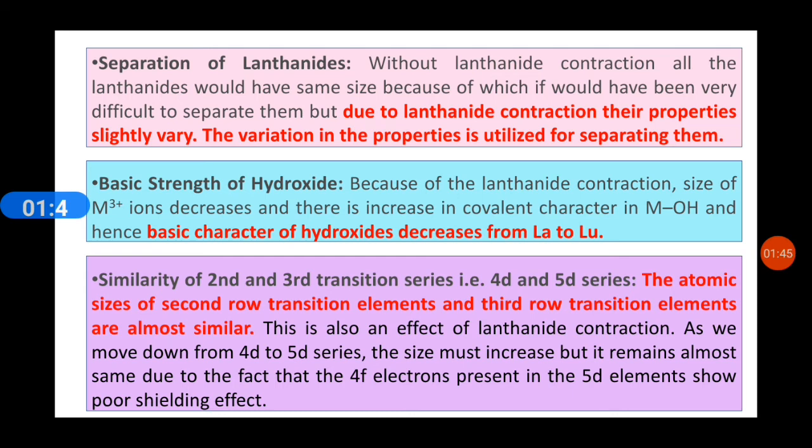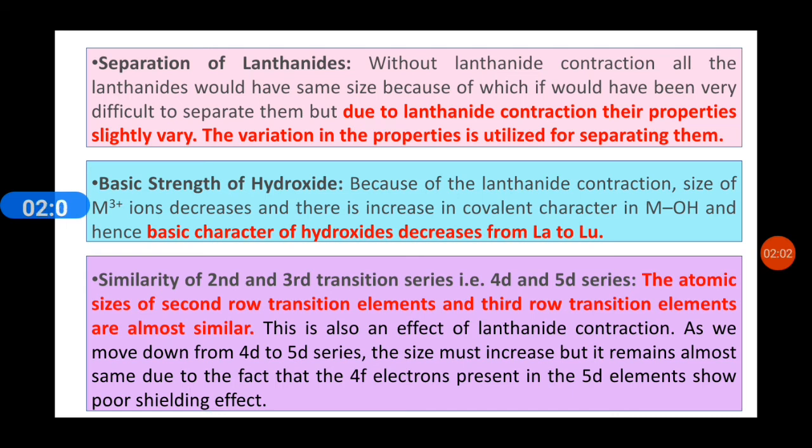It is because of lanthanoid contraction that increase in size due to increase in shell from 4d to 5d is compensated by the decrease in size due to lanthanoid contraction.